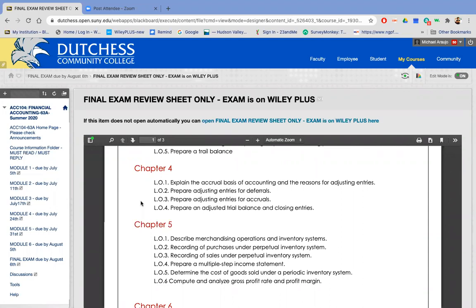So we have to make sure that now that we've changed those, the ledger is still balanced. And so we do an adjusted trial balance after we do the adjustments. Once the adjusted trial balance balances, well, we have our final numbers. We're ready to do our financial statements for the year.